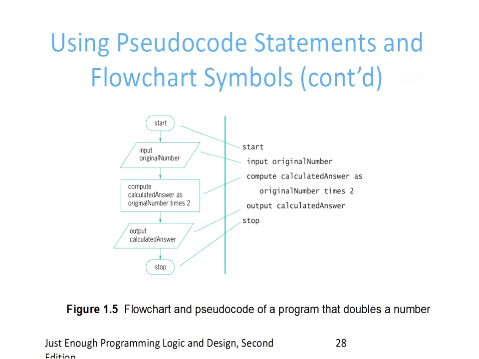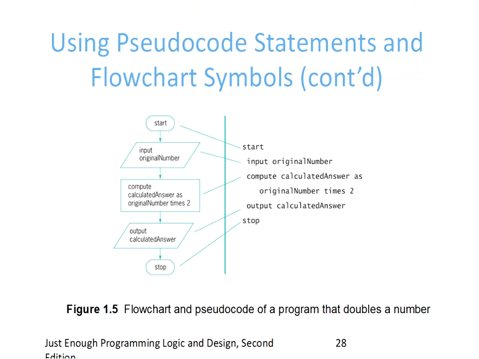To show that it still belongs to the sentence above it, you indent the original number times 2. So anything that belongs to a block of statements is indented, but the start and the stop terminating words are the most left words in your pseudocode.